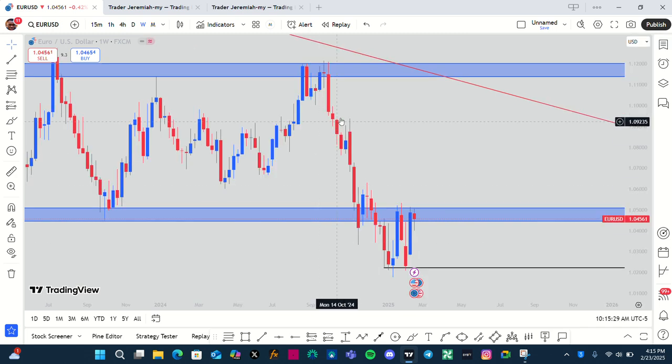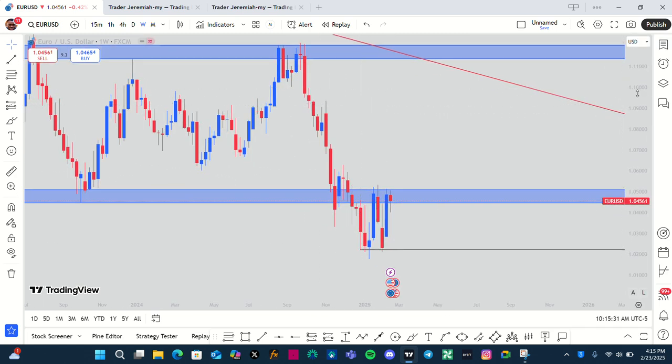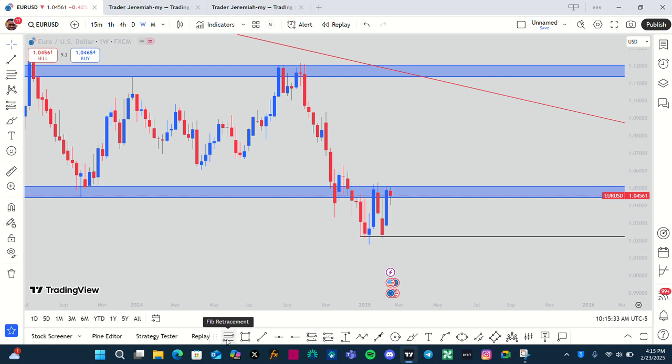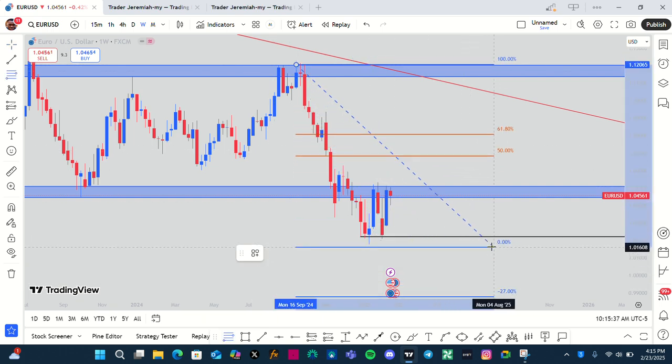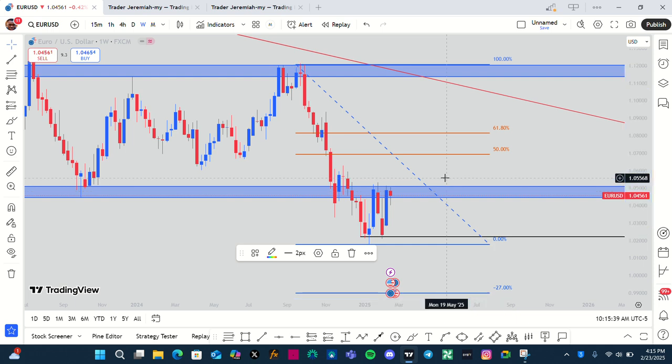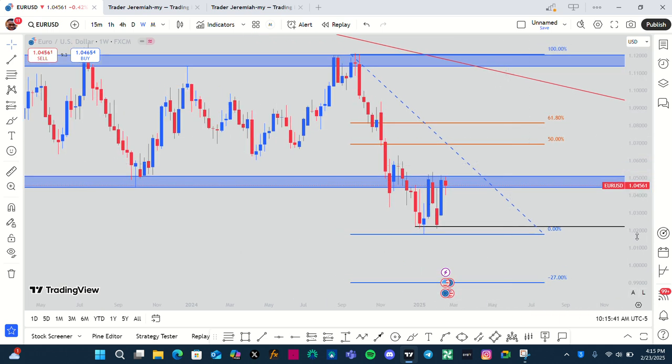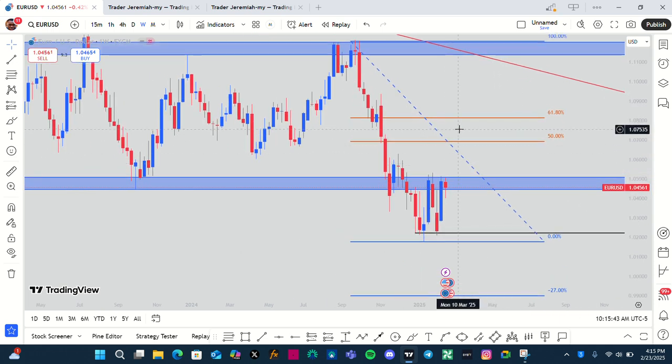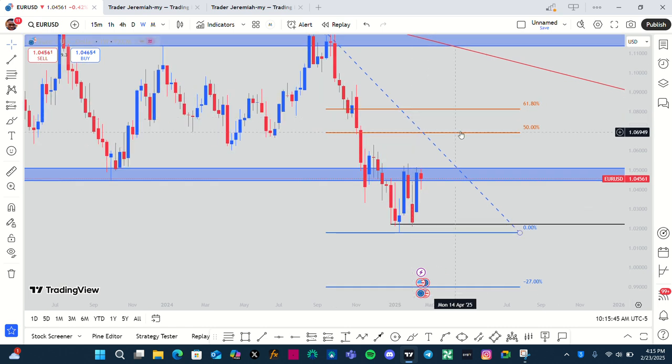And on EURUSD, if I bring out my retracement tool like this, what I'm waiting for is for price to come into this zone. If price can come into this retracement zone, inside this 50% and 61.8% Fibonacci zone, then I might be looking for a selling opportunity at this region.